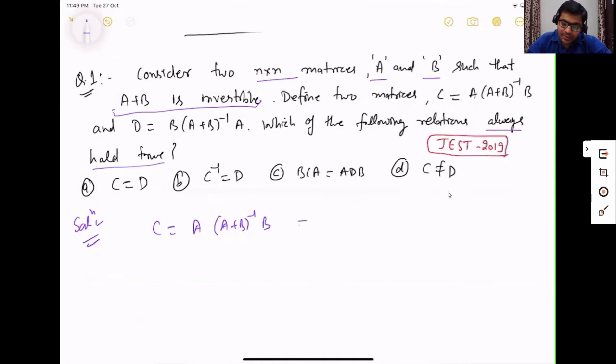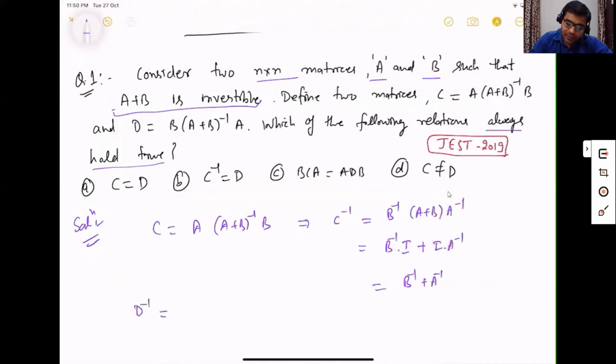So let me take the C inverse from here, which will give me B inverse A plus B A inverse. I can open it up and make it B inverse into identity plus identity into A inverse, that is B inverse plus A inverse. Similarly, I try to find D inverse.